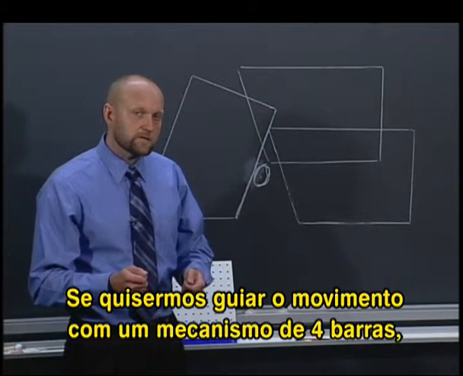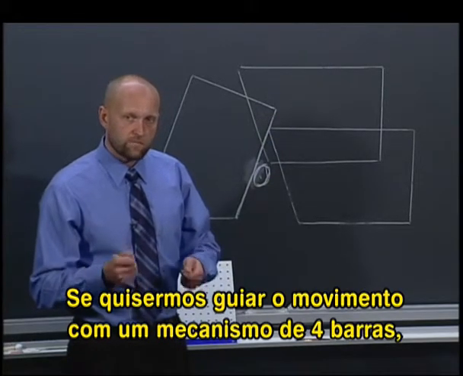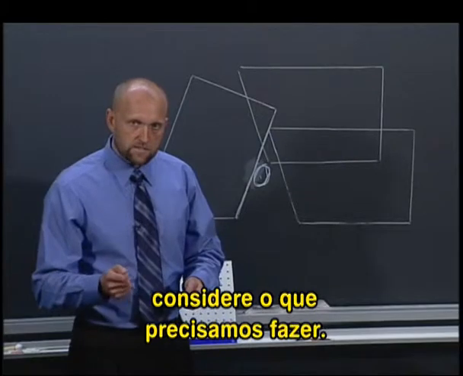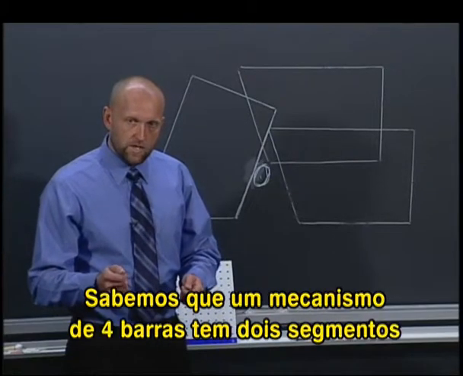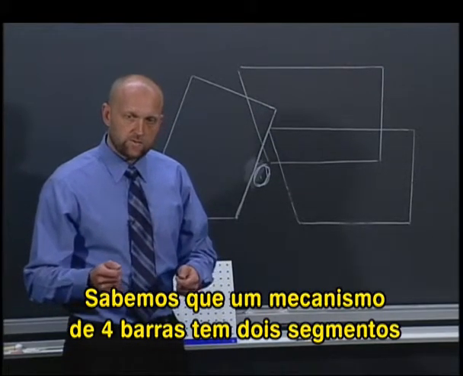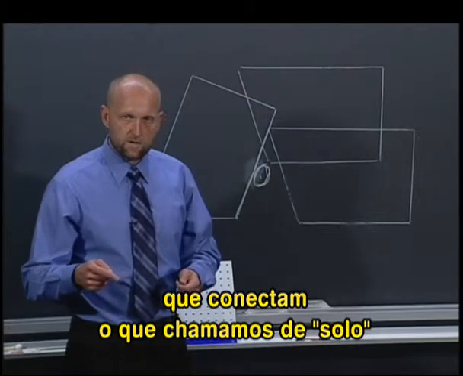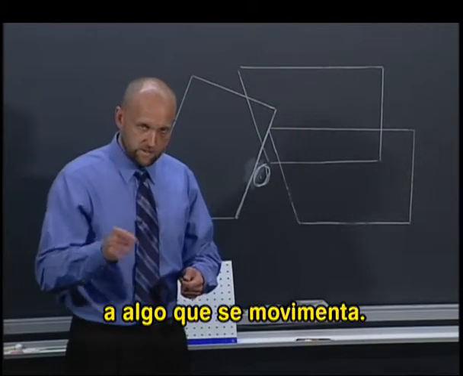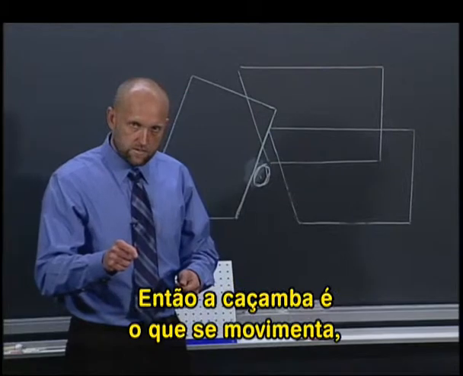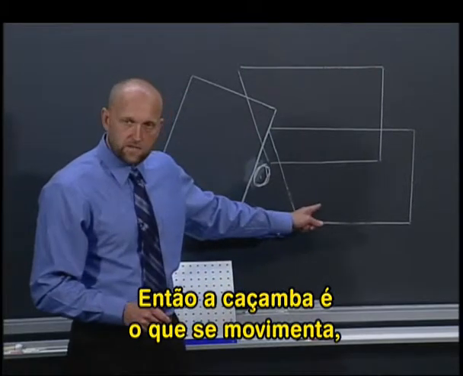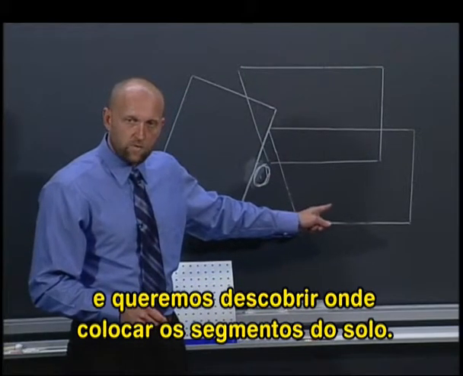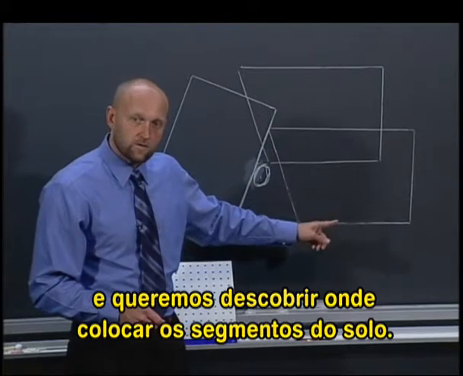Now, if we want to guide this motion using a 4-bar mechanism, consider what we need to do. We know that a 4-bar mechanism has 2 links that connect from what we'll call the ground to something that moves. So the bed is that something that moves, and we want to figure out where the links on the ground go.